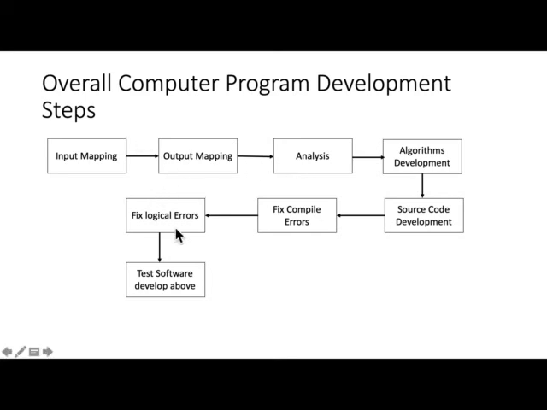So remember this diagram very well. I would like you to maybe print this one out and keep it with you to see the overall picture. Every program you write, you're going to go through this diagram and make sure you complete all parts of this diagram and not rush through any steps basically.